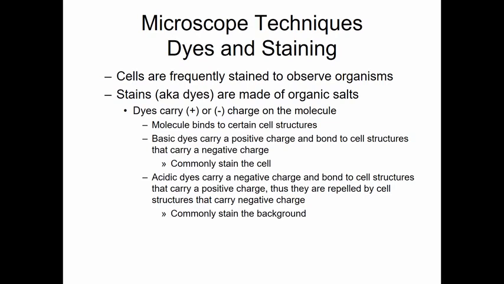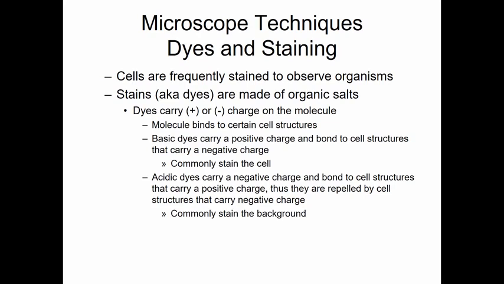When we want to stain our cells in class, we are using lots of basic dyes because the basic dyes are positively charged and they stain those negative cell structures. If we were to stain your prokaryotic cells with an acidic dye, typically they repel one another and it stains the background, okay?